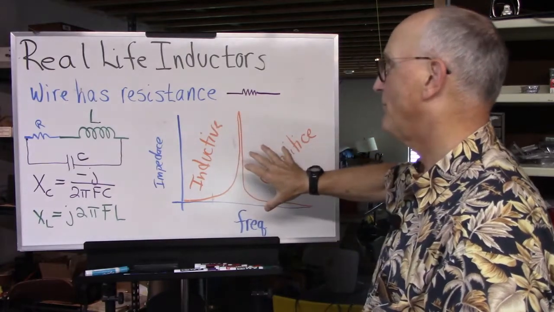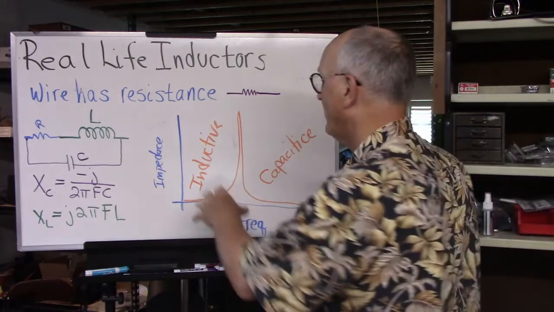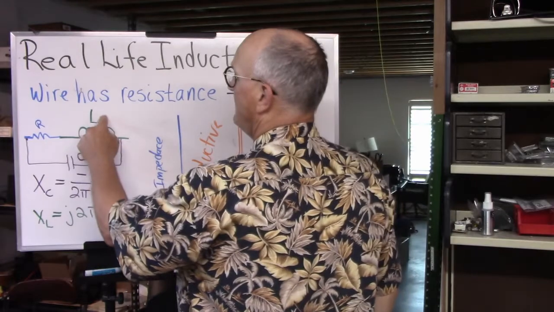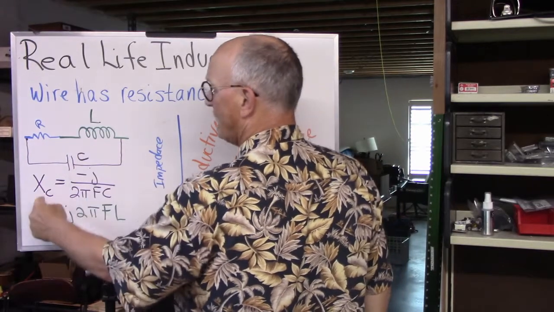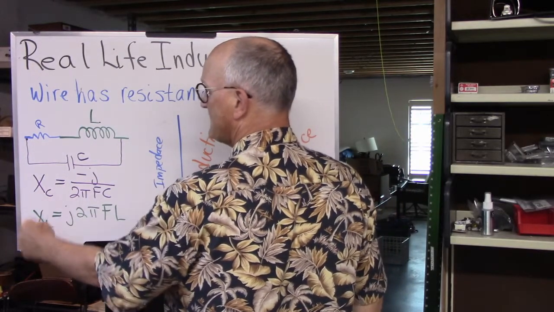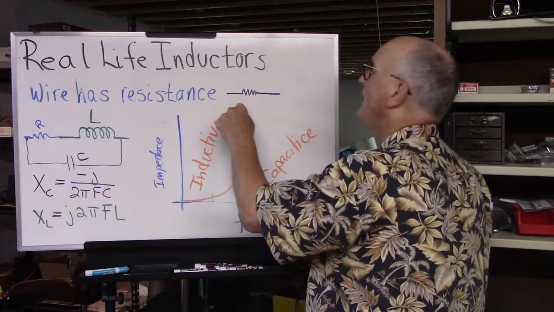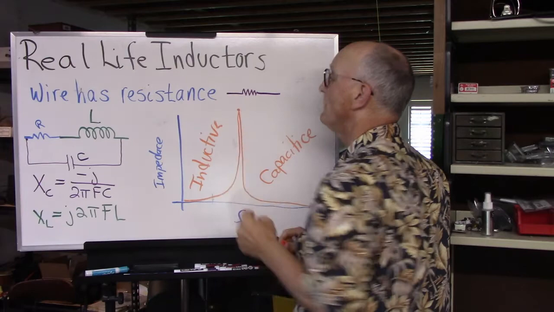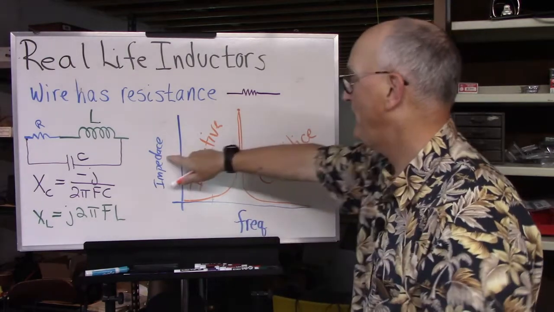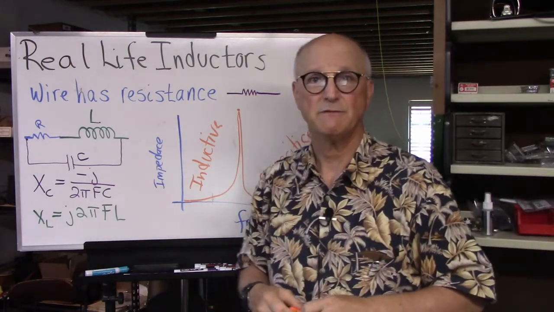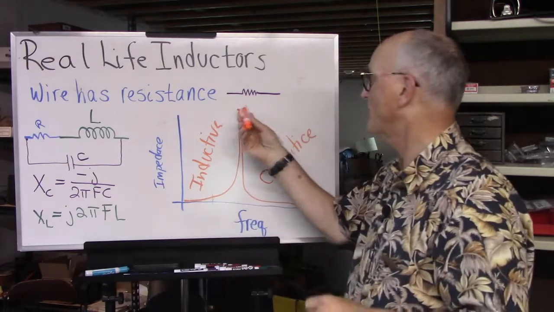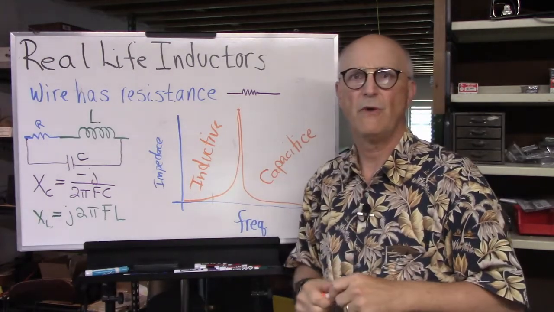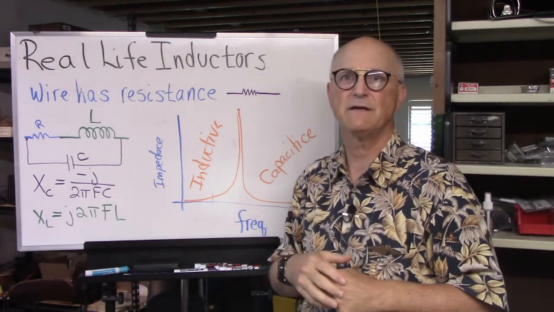Eventually we get to a point where the inductive reactance and the capacitive reactance become equal. That is this point right here, a point of maximum impedance. You know, antenna traps use this. This is what is referred to as a self-resonant frequency of an inductor.